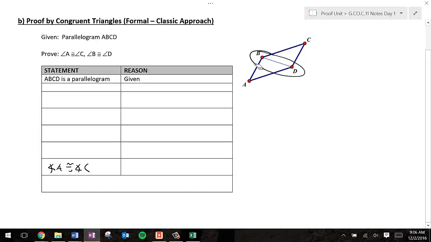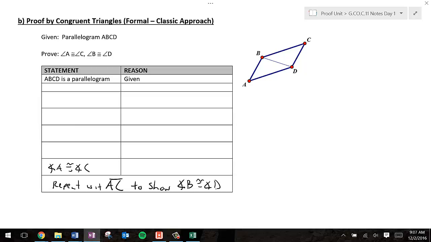If we wanted to prove that angles B and D were congruent, we could repeat with diagonal AC to show angle B is congruent to angle D. So I'm going to do one of the proofs. The other proof will be almost identical to it, only we'll have diagonal AC instead of diagonal BD.